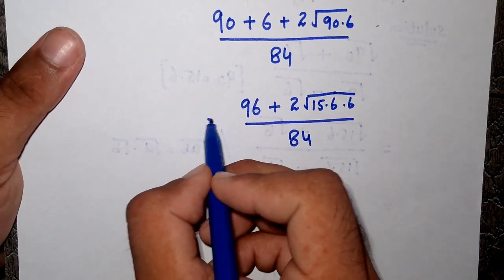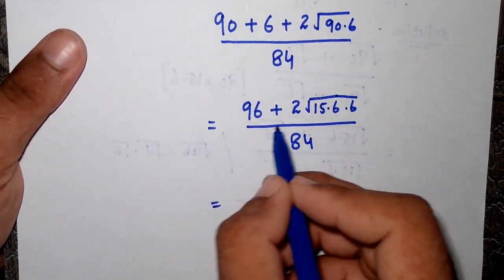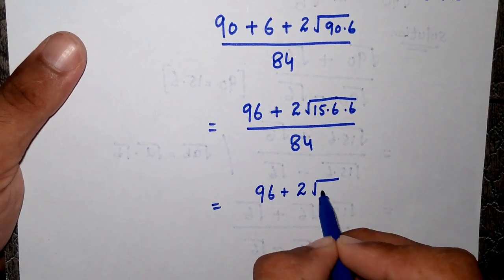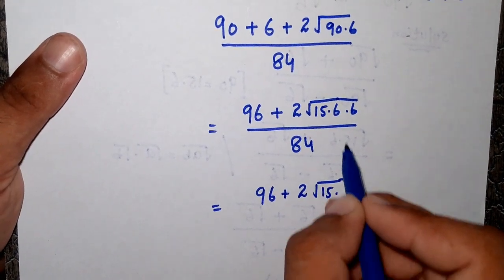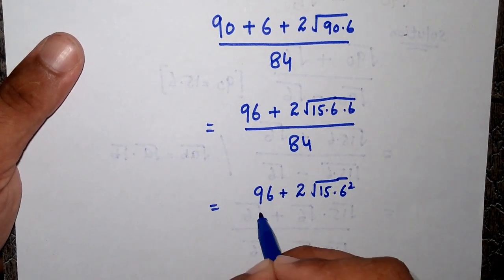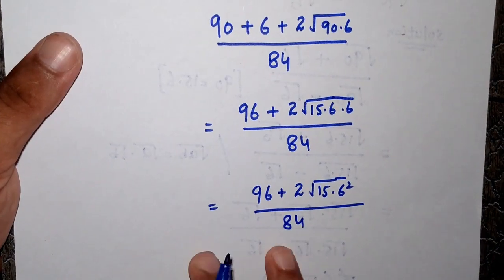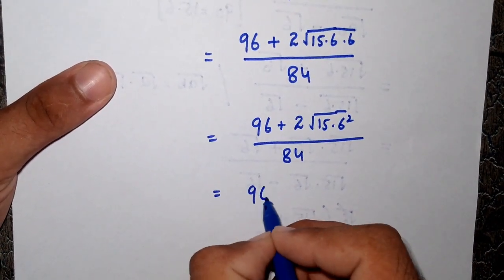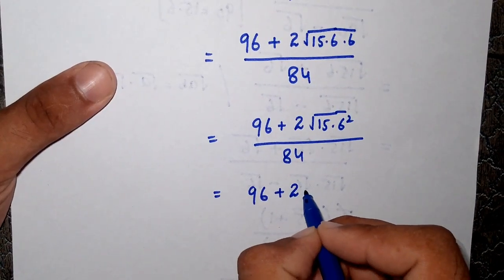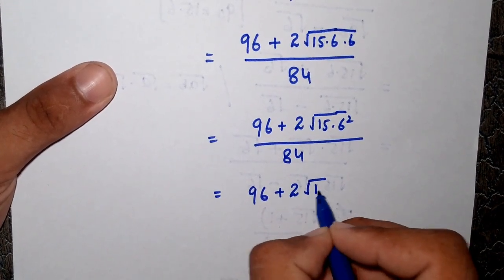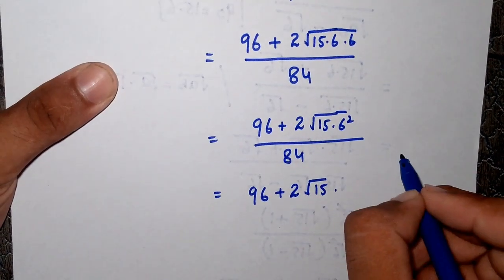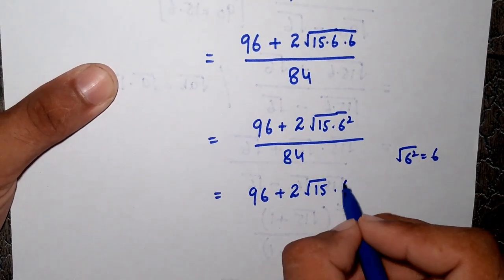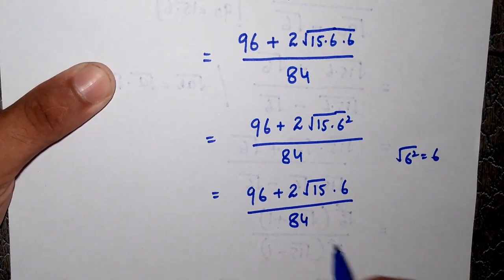Now in the next step, 96 plus 2 times square root of 15 times 6 times 6, which is 6 square, over 84. Now in the next step, 96 plus 2 times 15 and times, we know that square root of 6 square is equal to 6, so here this is 6 over 84.